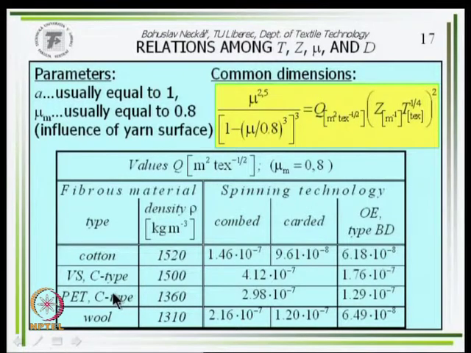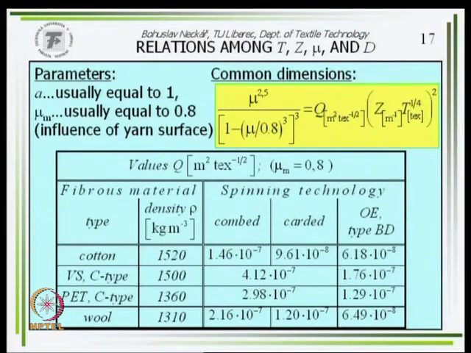For viscose fibers and polyester yarns, I have only one value. Of course, it is not produced as combed. It means it is here in the middle of this table, because blends are also used, and it can be blended with carded as well as combed yarn. Therefore, it is in the middle. For open-end type, we have then this equation. Because I do not want this speech to be too dry, I want to comment on this equation.